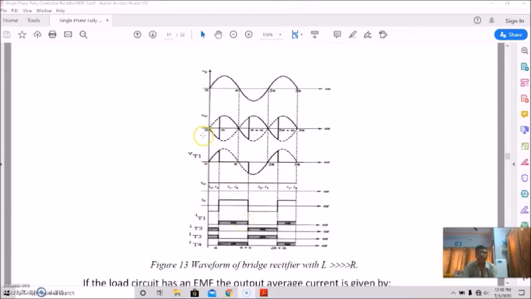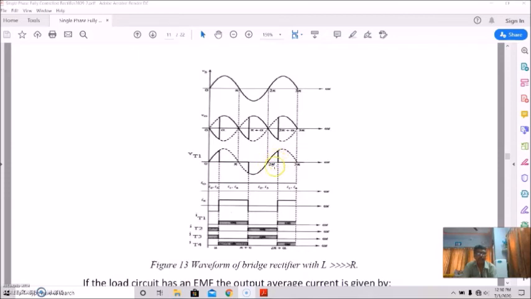Okay, so basically this is the figure, for L is high. This is the output voltage, this is the voltage across thyristors. This is due to forward blocking delay, this is during conduction, this is again due to the negative reverse blocking mode.